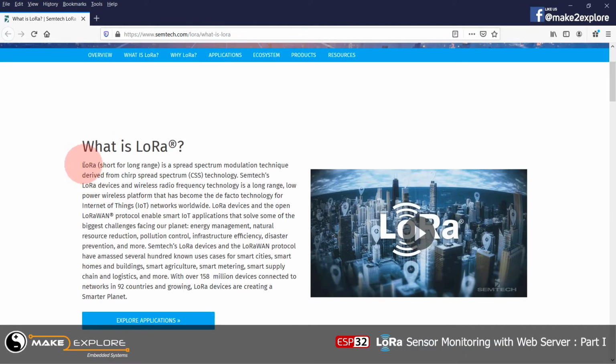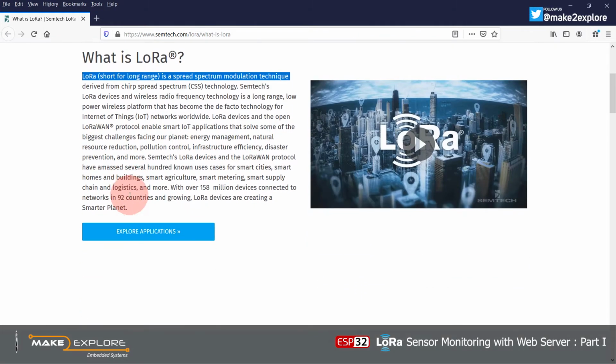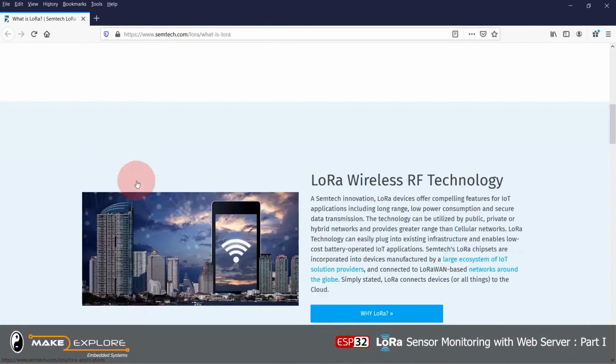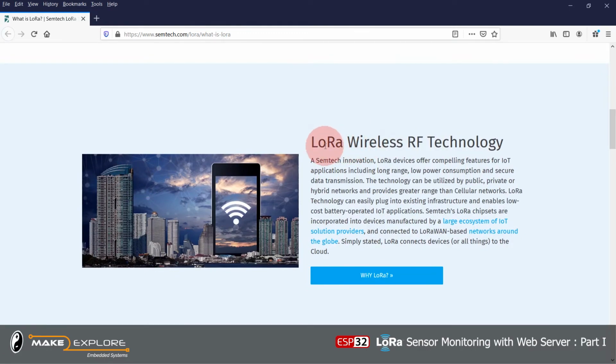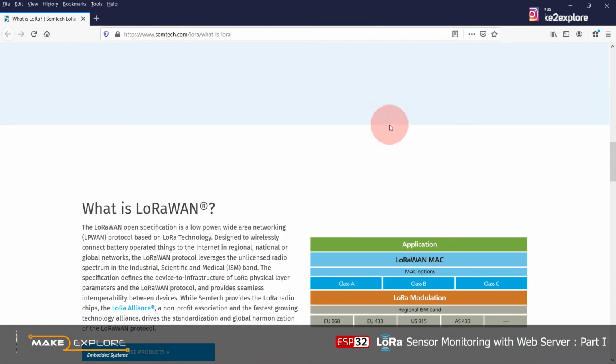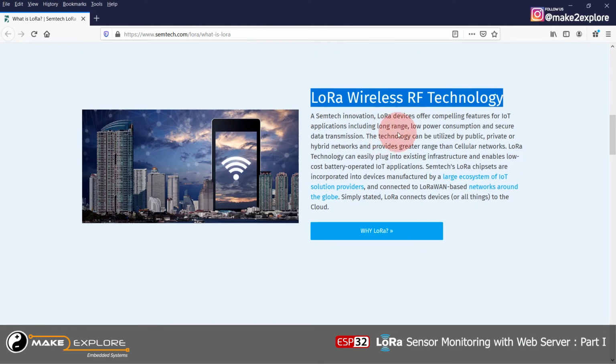What is LoRa? As we saw earlier, LoRa is short for long range. It is a spread spectrum modulation technique derived from chirp spread spectrum technology. You can find a lot of information on Semtech's site about LoRa technology, LoRa wireless RF technology, its innovation and its future projects using this technology.